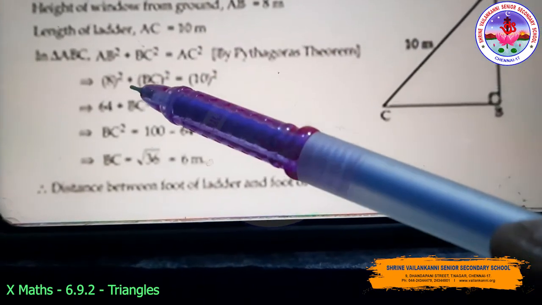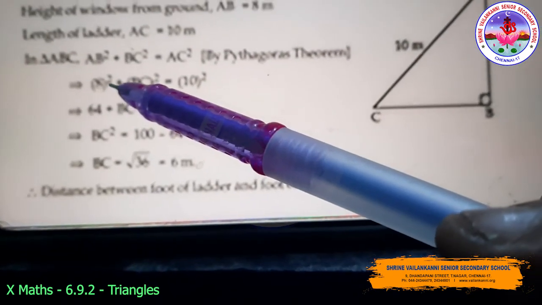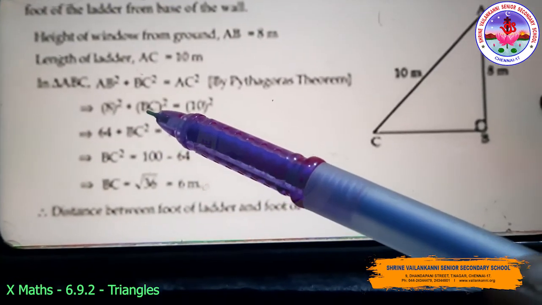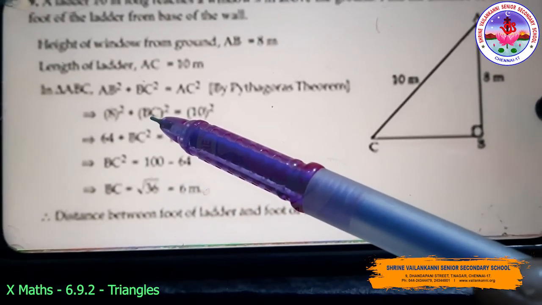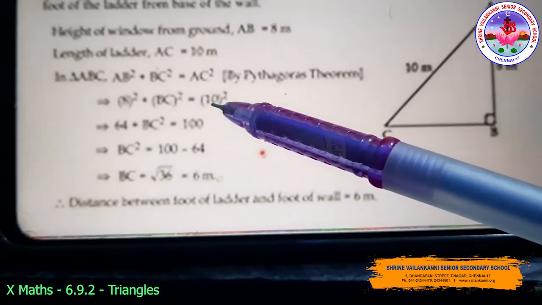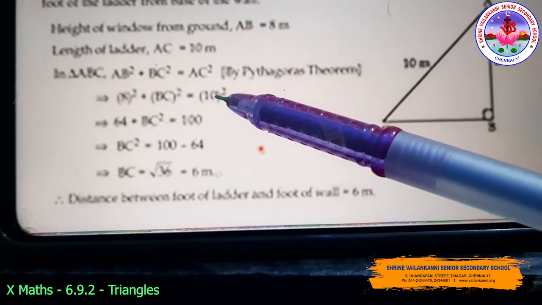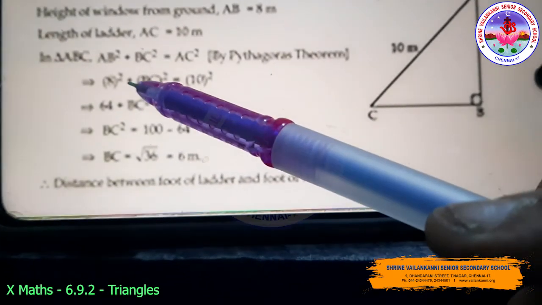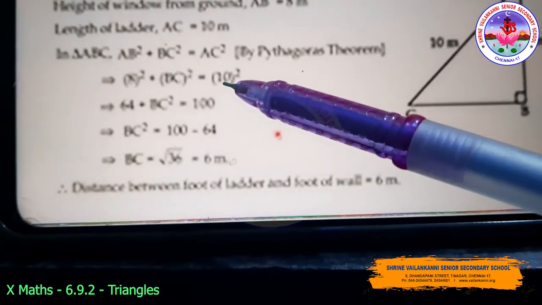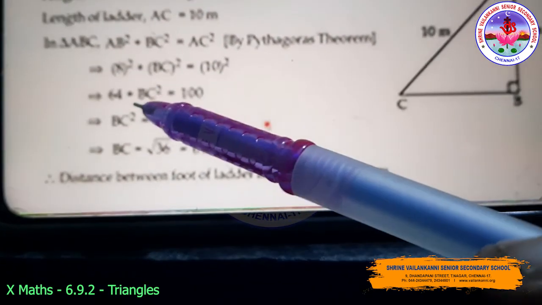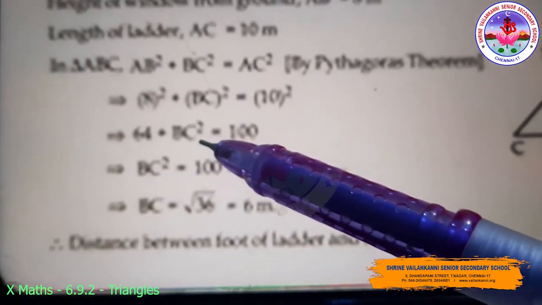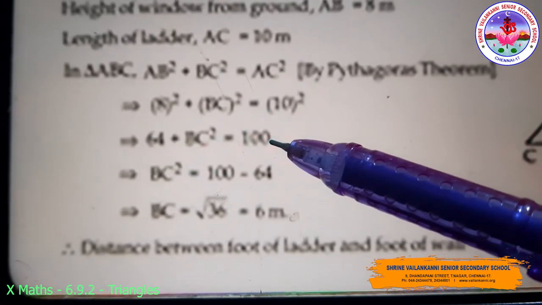We know that AB will be the distance of 8 meter, and BC, we want to find out the length of the base BC, and AC will be the length of ladder, so that is 10 meter. So squaring it, so we get 8 square plus BC square, which is equal to 10 square. So I will get 64 plus BC square is equal to 100.